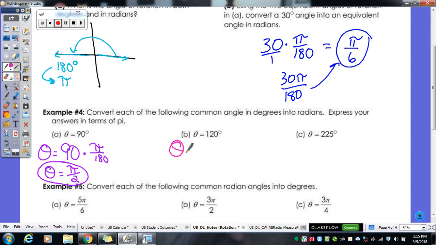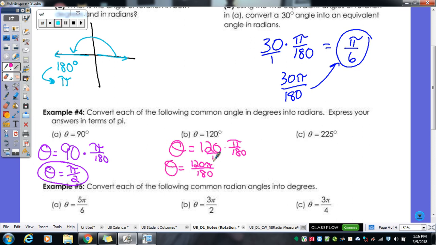So for part B, it'd be 120 times pi over 180. Now some people aren't very good at being able to reduce this in their heads, and that's fine. So what you would want to do is you would multiply again. You put this over 1. 120 times pi is 120 pi. 1 times 1 gives us over 180.